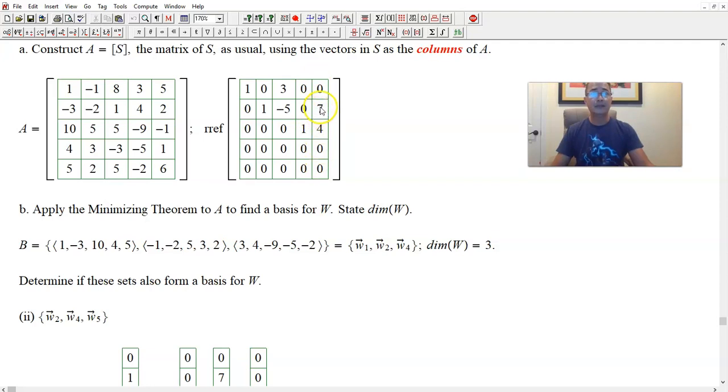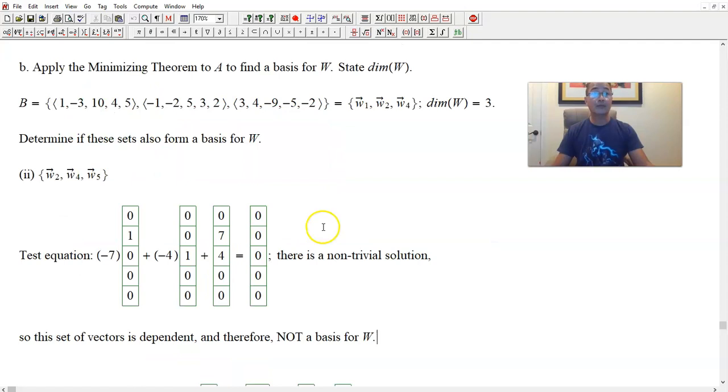It is a linear combination of our basis vectors, but in this case, the 7 and the 4 belong to x2 and x4, and our set really is 2, 4, and 5. Okay, so it's the same equation that we would get from the minimizing theorem. The 5th vector is 7 times the 2nd plus 4 times the 4th.